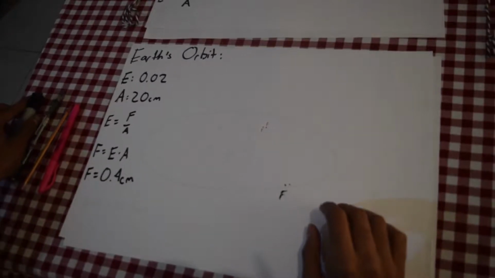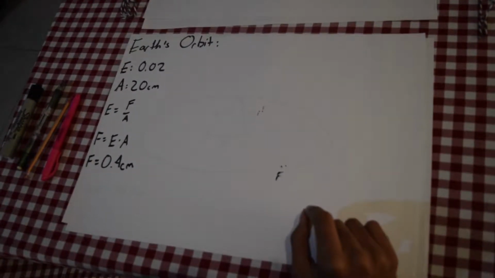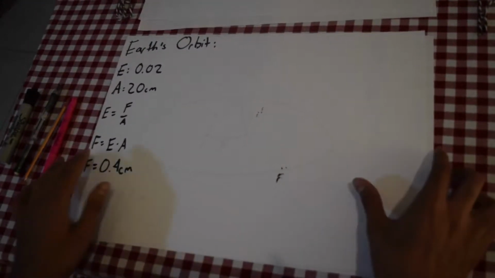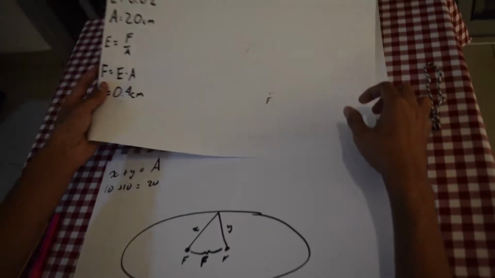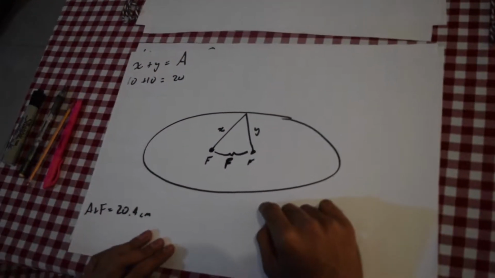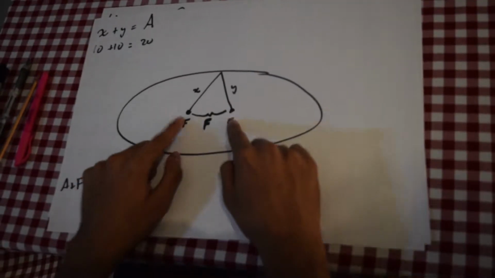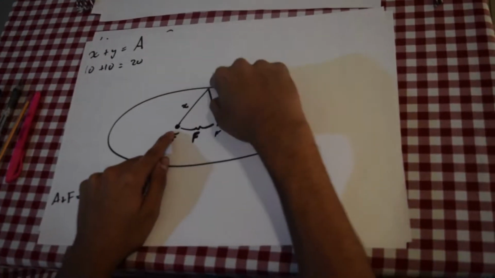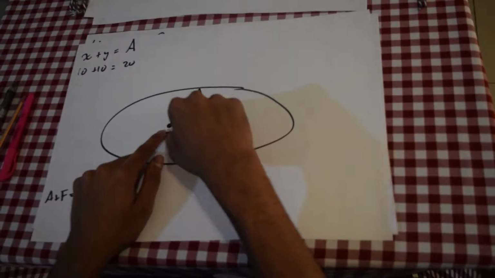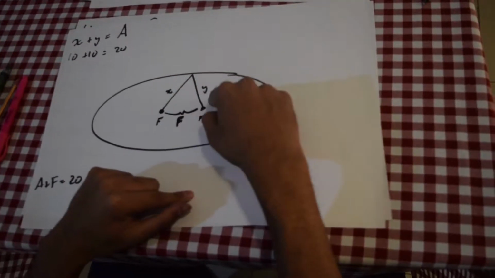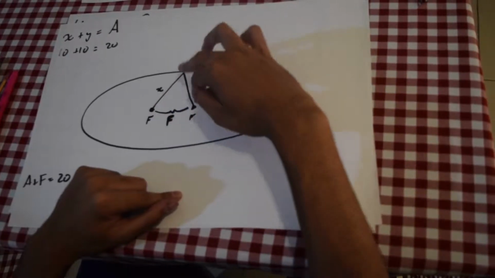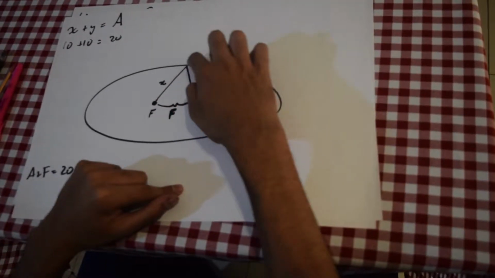So how will we actually draw this ellipse? What we do is as follows. We know that when drawing an ellipse you have two foci, right? And the sum between the two lengths is always going to be a constant.